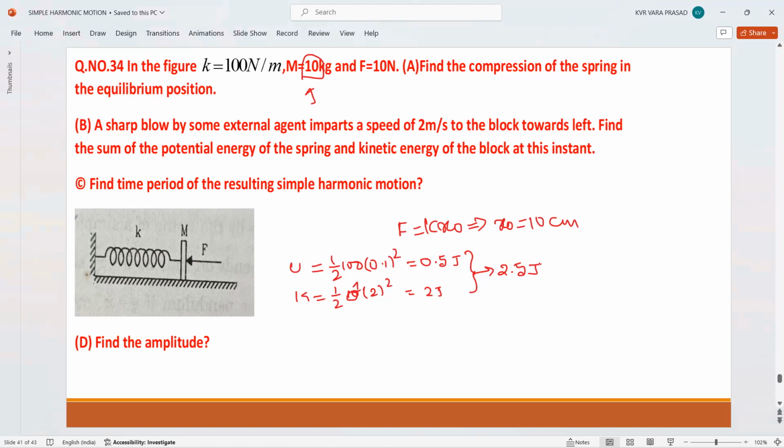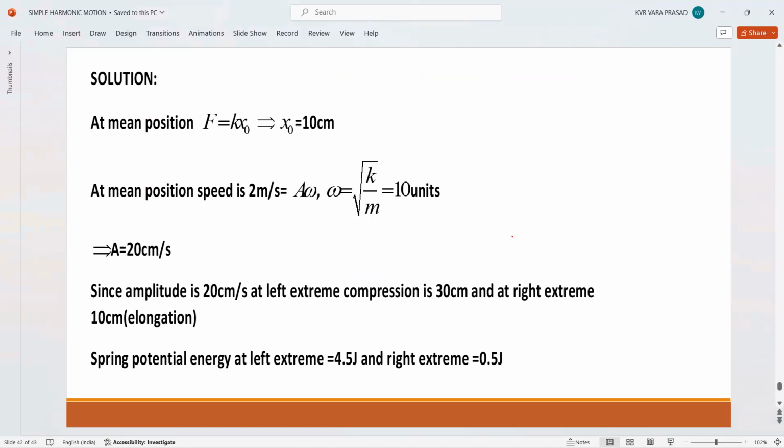So to find amplitude, what we can do here? See here the solution part. So first we got 10 centimeter. That is compression at mean position. And you are given at mean position speed is 2 meter per second.